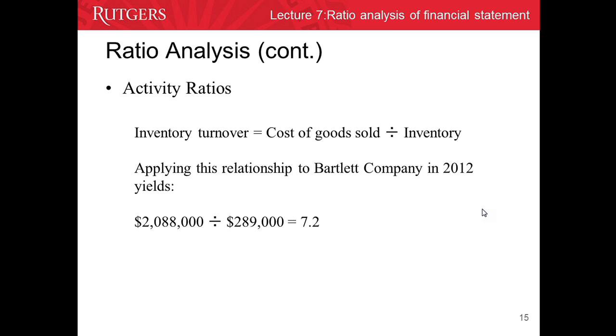Okay. Then another group of ratios is the activity ratios. The first ratio in this group is called inventory turnover. It equals the cost of goods sold divided by the inventory.